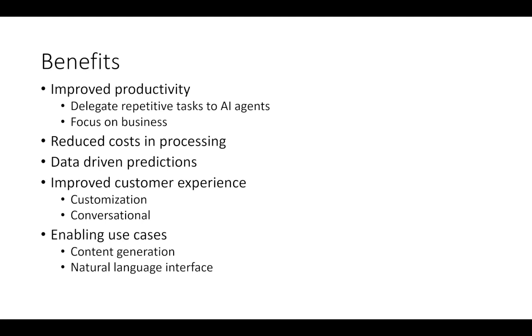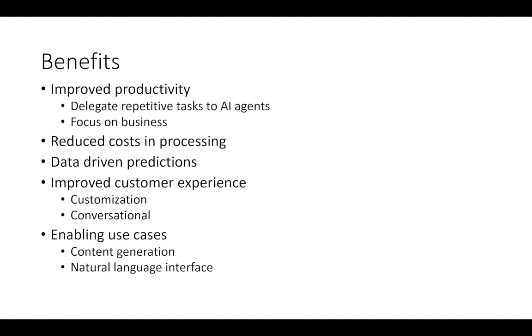Because it's not only taking decisions, but actually taking intelligent actions, the user can focus on business. A lot of the stuff will be taken care of automatically by the AI agents, and only 10% of things it will prompt the user. So that relieves the user of a lot of repetitive tasks.